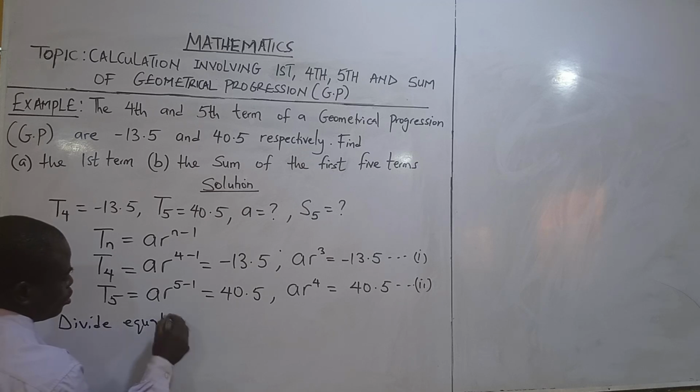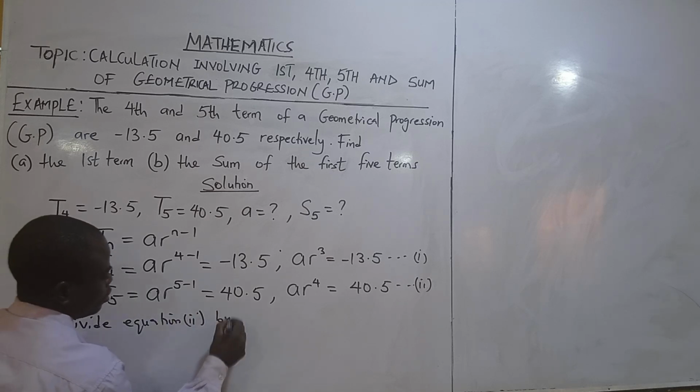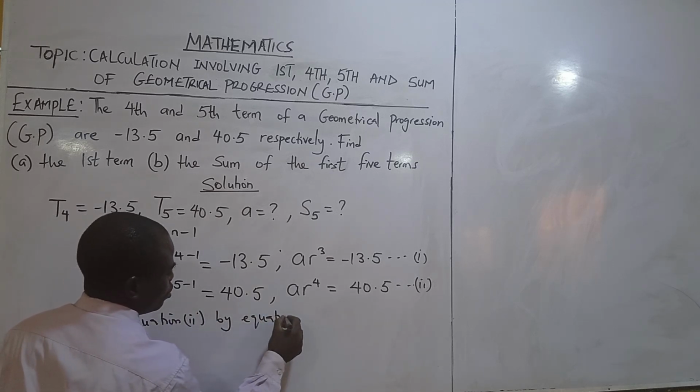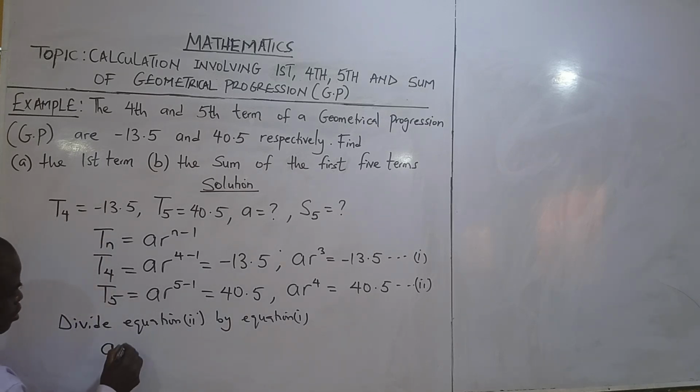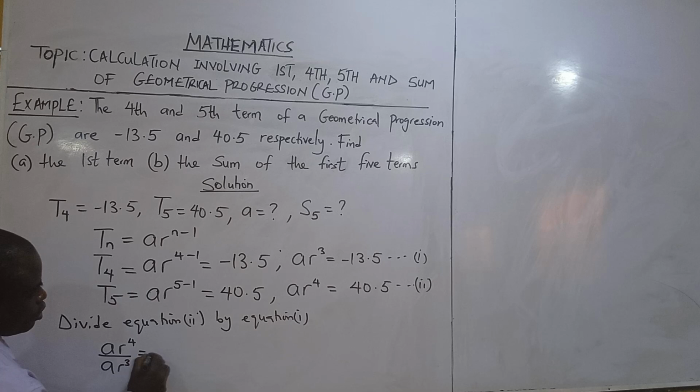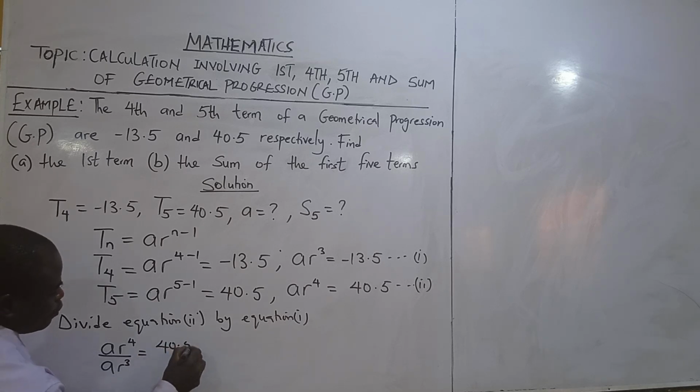You have a r raised to power 4 divided by a r raised to power 3 equals 40.5 divided by minus 13.5.